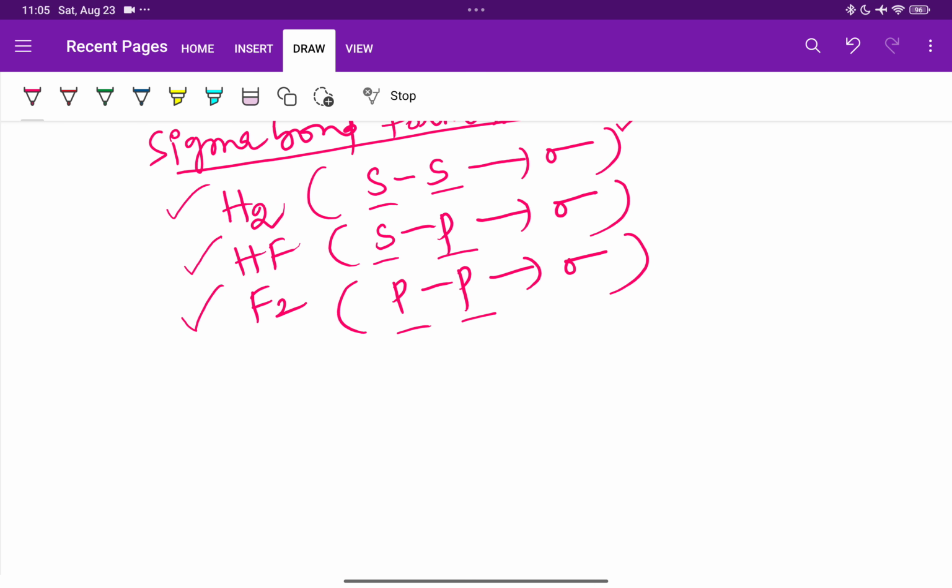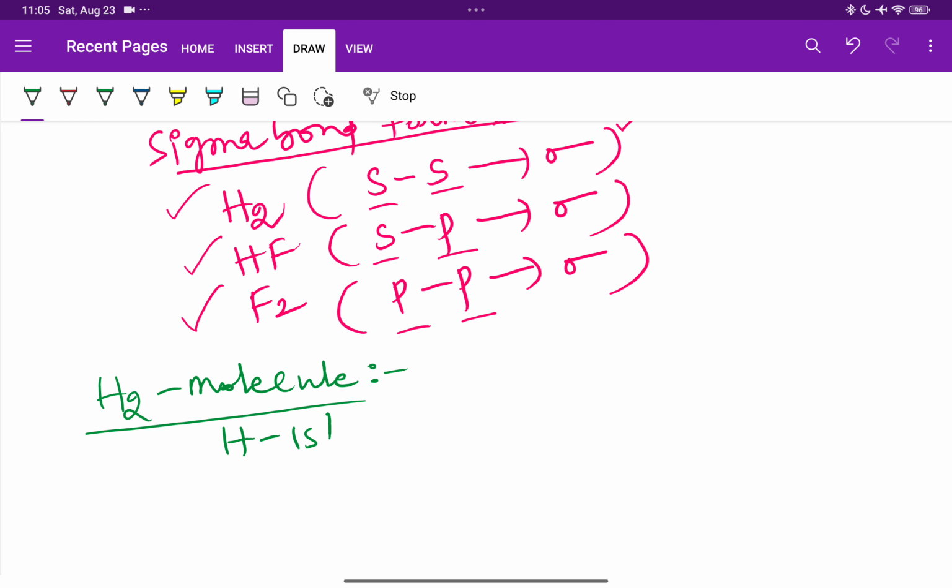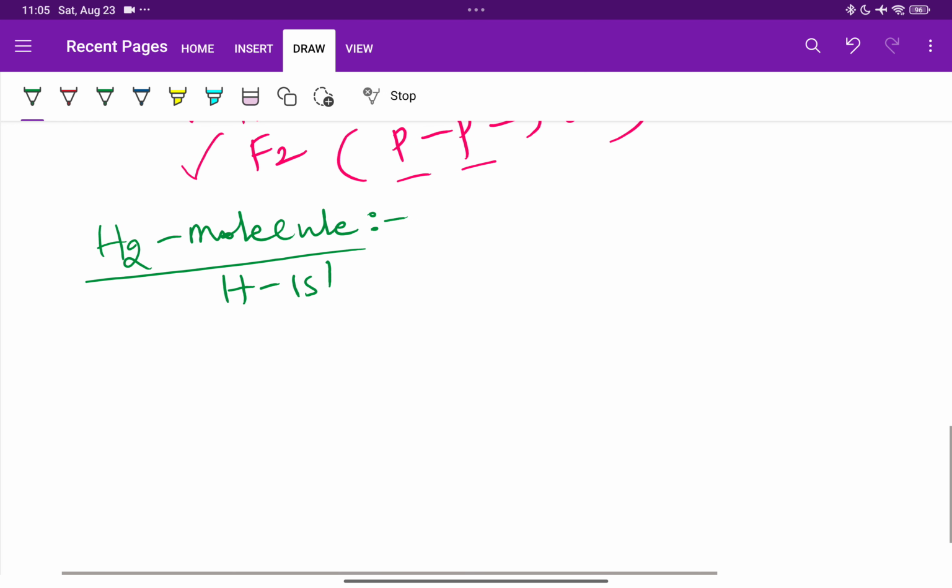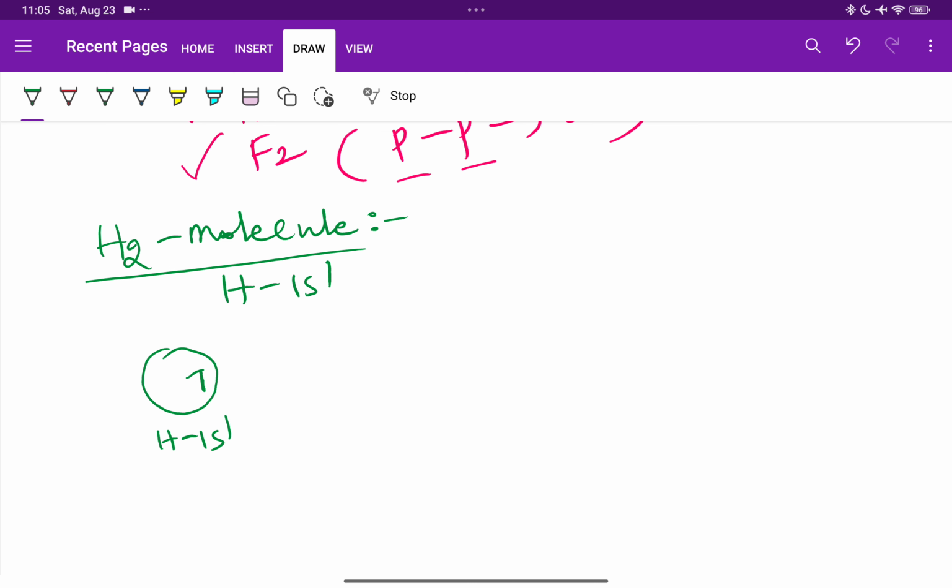First of all, H2. So H2 molecule. So two hydrogen atoms are there. Hydrogen electron configuration 1s1. So s orbital is there in the hydrogen. So this is the first hydrogen s orbital along with electron. So clockwise electron and s orbital spherical shape. Then second hydrogen also you have to draw, because H2 molecule formed by two hydrogen atoms.